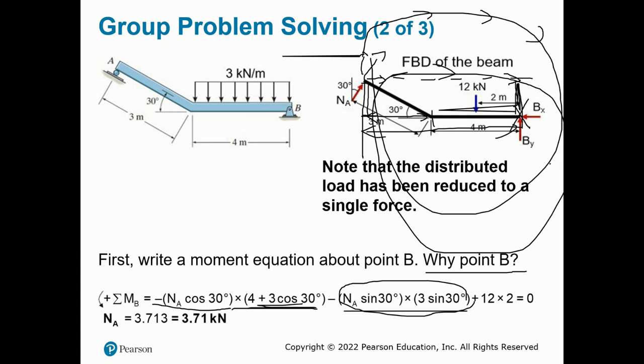And then lastly, you have the 12 kilonewton. 12 kilonewton is going this way, counterclockwise. That's going to be positive. So it will be 12 kilonewton times 2 meters as well. So that's one equation, and in this equation we only have one unknown, which is NA. We're solving for the value of NA.